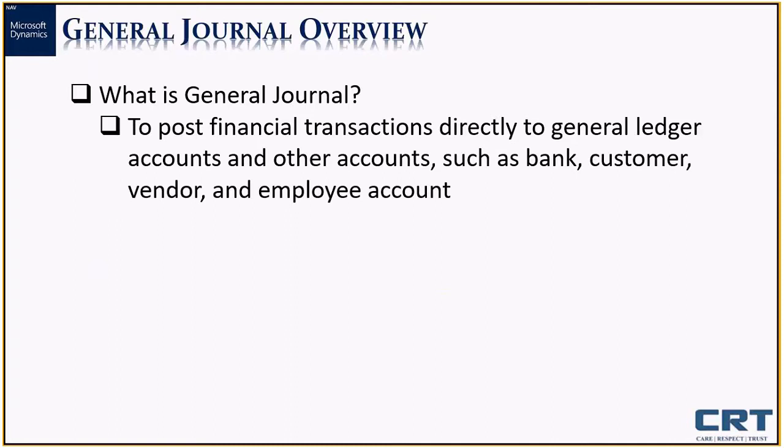So the general journal in NAV, we could assign some dimensions on it. So the dimension will be held on the statistic of the entries, but we are not going to talk much on that dimension part because that will be another topic. So let's focus on the general journal for today.